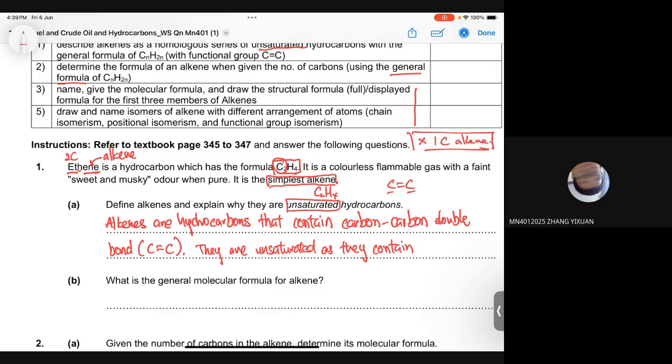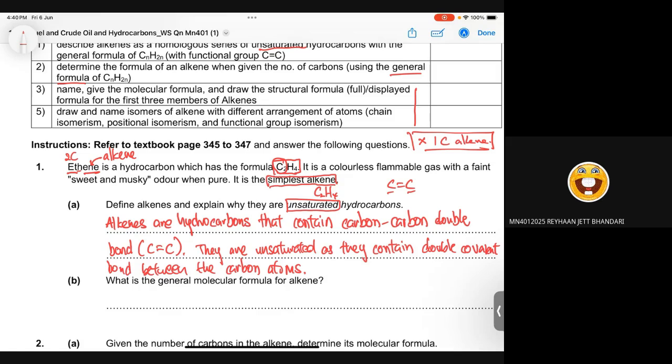Now, if I say alkene is unsaturated, it means that they must contain, what do you think it is? Rehan. Double bond. Carbon double bond. Okay, they must contain a carbon-carbon double bond, or we will call it a double covalent bond, between the carbon atoms. Now, what is so special about this double covalent bond between the carbon atoms?